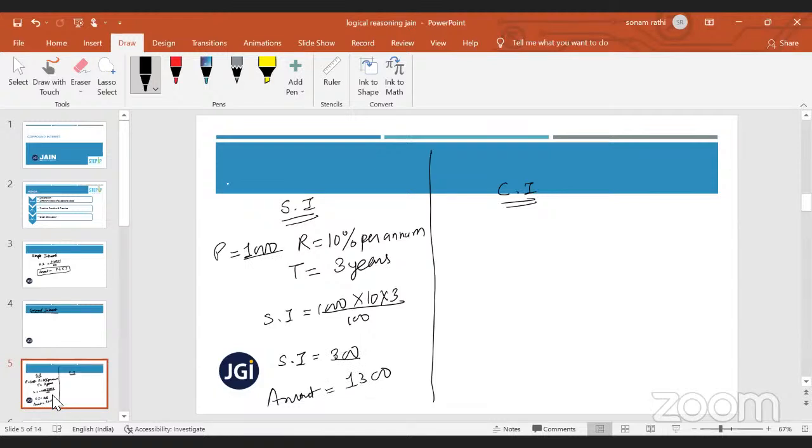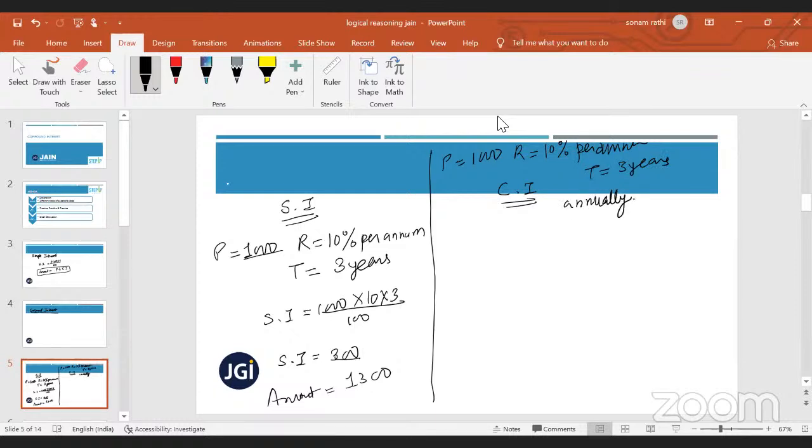Now see how it is happening in compound interest. They give you the same data: principal is 1000, rate is 10% per annum, and time is 3 years. But the question says find compound interest, compounded annually.